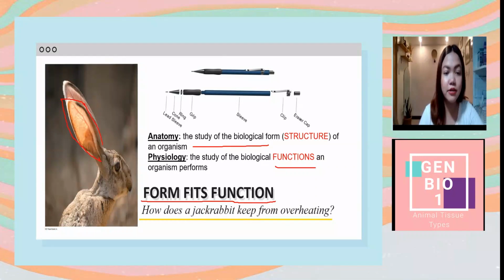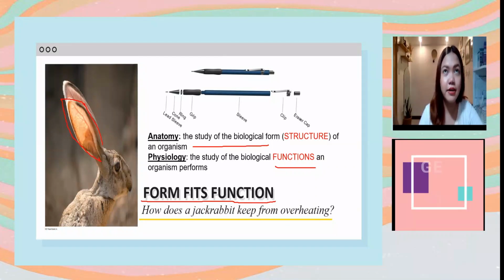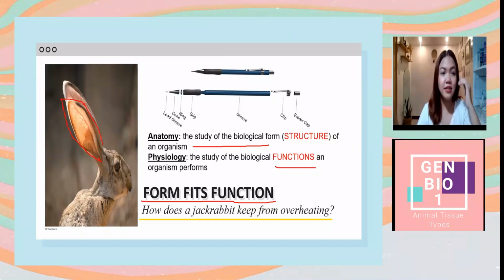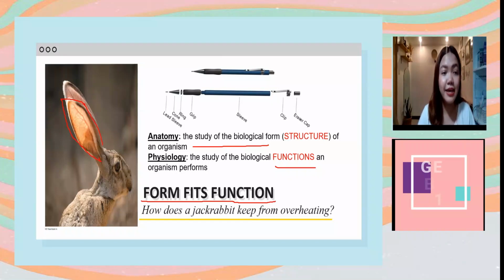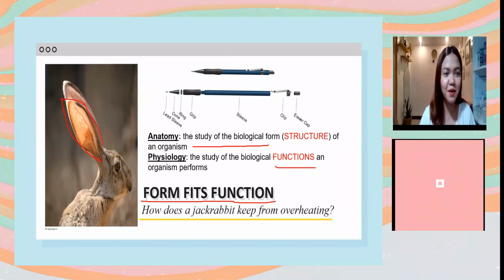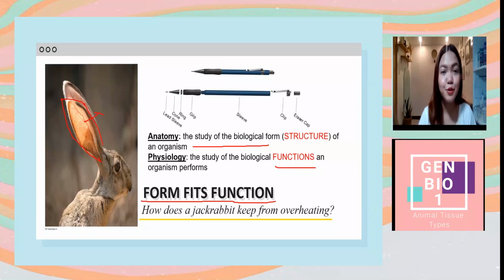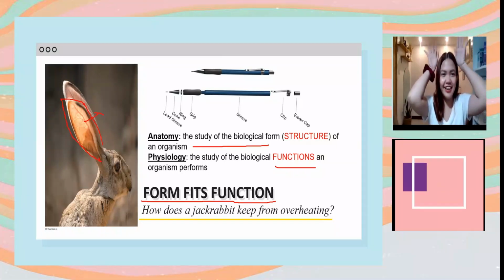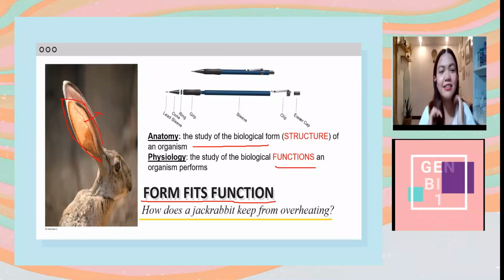Since your jackrabbit is primarily located in areas that are really hot, they need to dispense or remove that heat from their body. Because of their large ears, they were able to do that. Okay? So it's not just that their ears make them cute. No, it actually has a function.